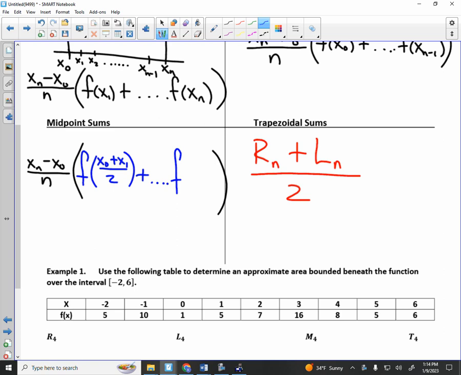And then for the very last one, it's f of, and sure enough, x sub n minus 1 plus x sub n, all divided by 2 as well. That will find the middle.